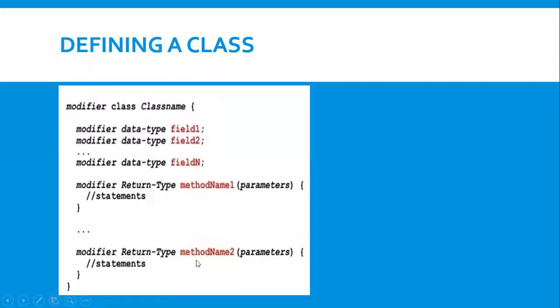Similarly, modifier, return type, and method name two, which will have parameters and a block of statements. There is no restriction that you have to mention only this number of fields and only this number of methods. Your class may have any number of fields and any number of methods. That depends upon the application requirement you want to perform.